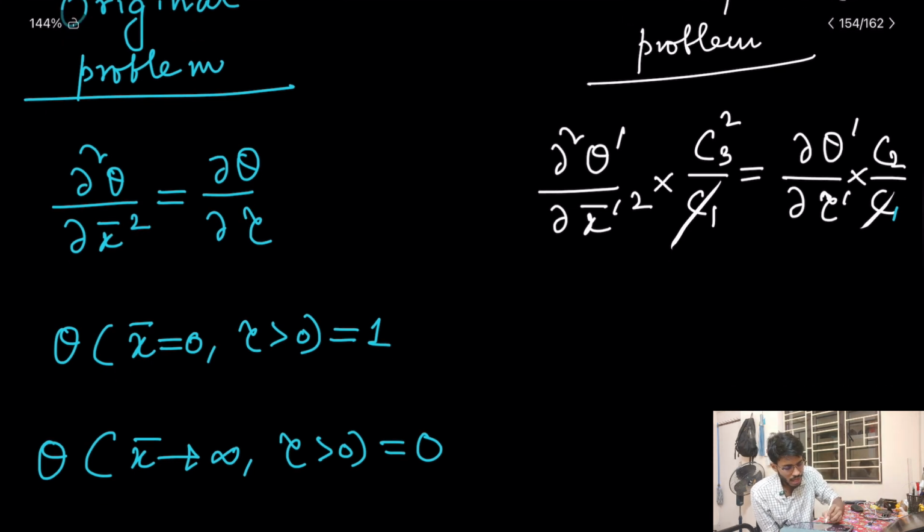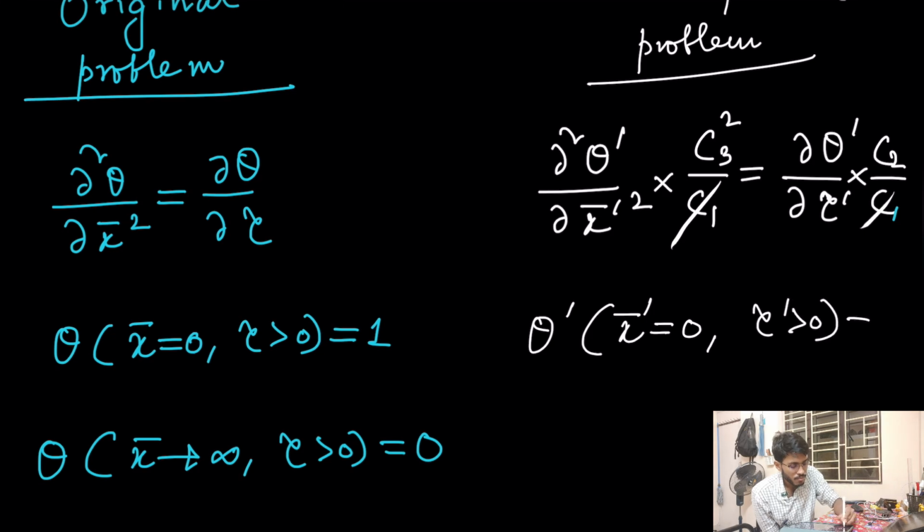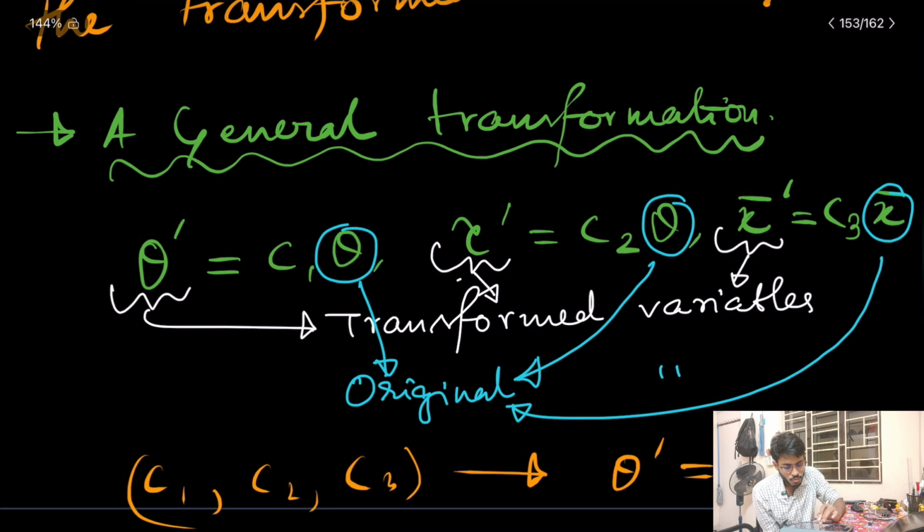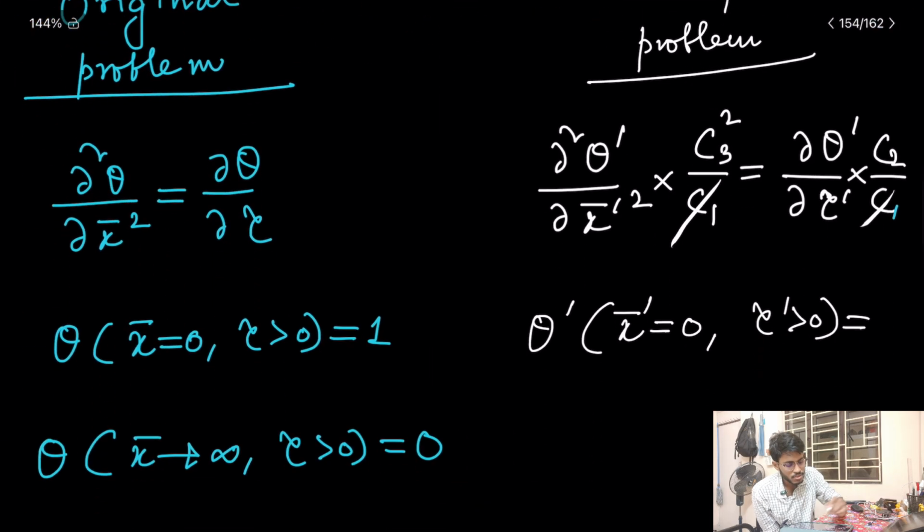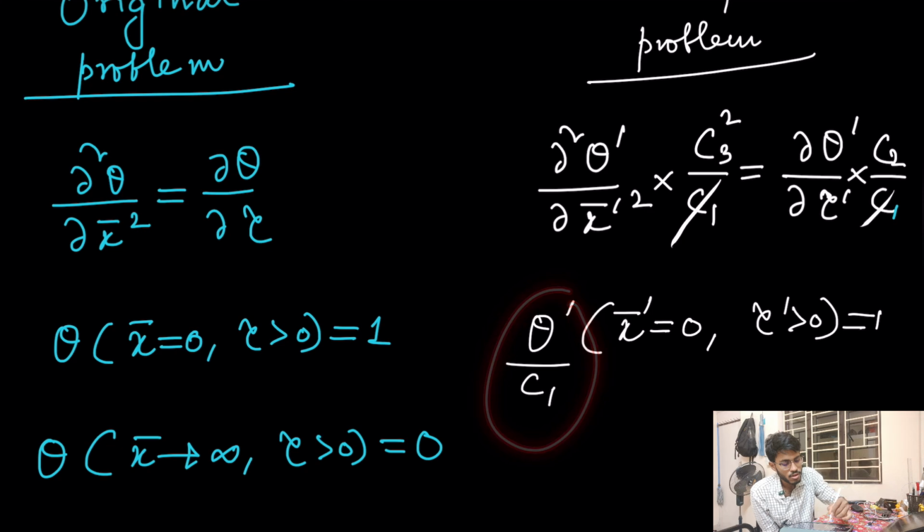So here I will have this boundary condition in transformed variables. This is equal to 0, tau dash greater than 0. Now theta is equal to what? Theta dash by C1. So I will be having here C1, right? Ideally this is equal to 1 because this is equal to theta and that is equal to 1.